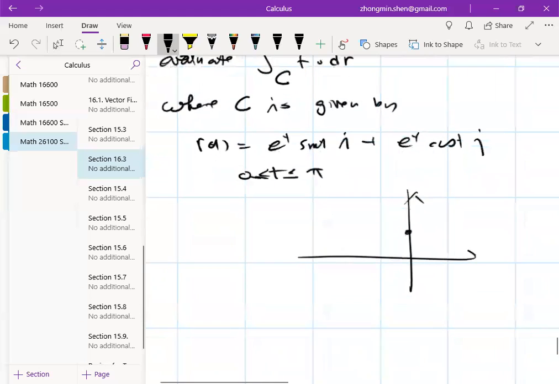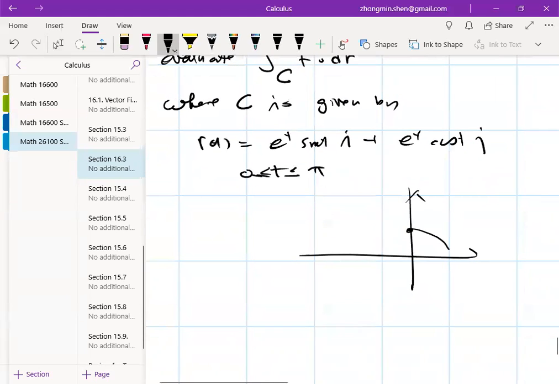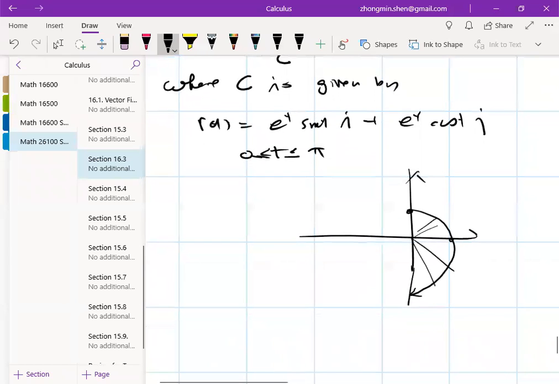When t equals pi over 2, it's going to be here. But the distance from the point to the origin increases. Right? The length increases.